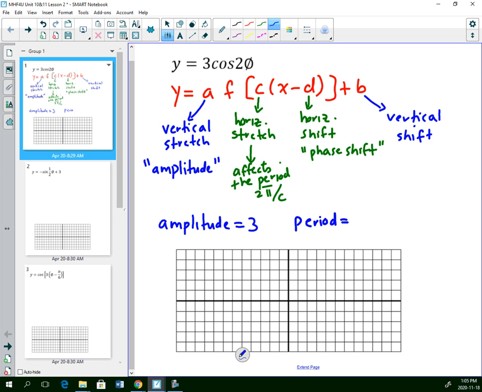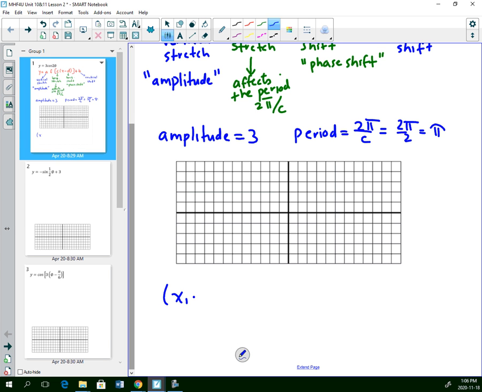So the normal period of 2 pi is going to be compressed by 2. So it will be pi. So this graph will finish one cycle in pi instead of 2 pi. Okay? Meaning you'll get it in twice compared to the regular 2 pi. There is no phase shift and there is no vertical shift. So there's only a vertical stretch and a horizontal compression. Okay?